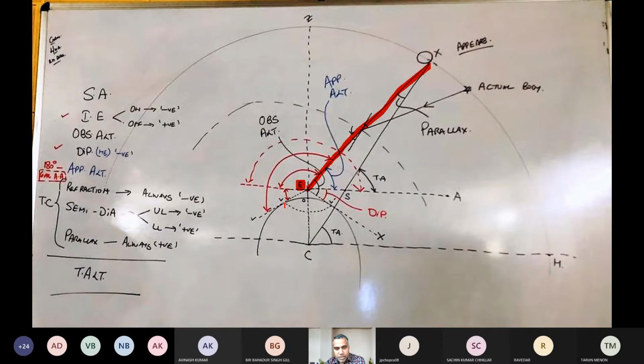The visible horizon is the horizon on the Earth's surface. This dotted line which you are seeing here, VV dash, is the visible horizon. So this line shows where the visible horizon is, and the angle between them is what we can measure using a sextant.